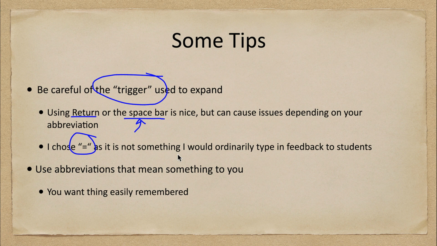It doesn't require a shift or anything else. It's just a character that I would not normally use. And you want to use abbreviations that mean something to you. The ones that I use for some of the labs are really nice for me because they tell me which lab I'm doing, they tell me which question, and it allows me to give students feedback on assignments much faster than I would be able to otherwise.